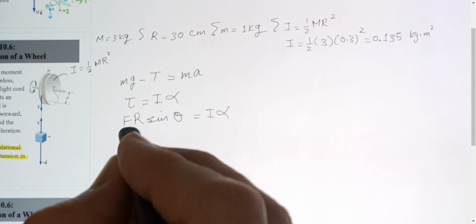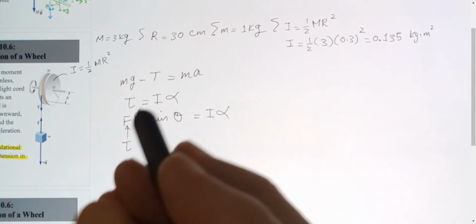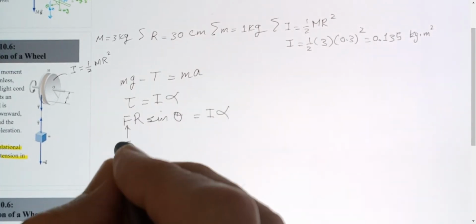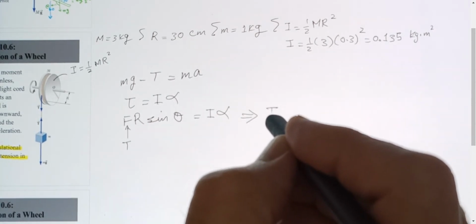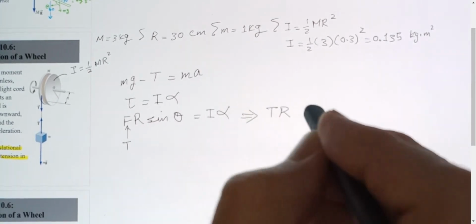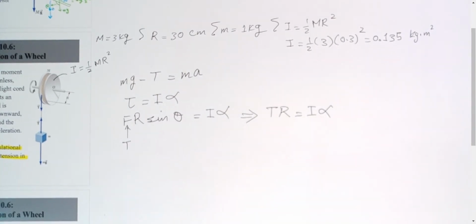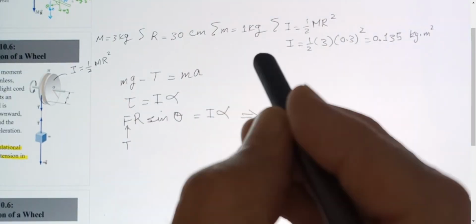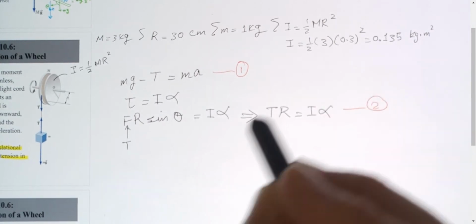لاحظوا, notice that F here is our tension, not torque, tension. معناته this equation, tension multiplied by R is equal I alpha. So our physical two equations, I have equation 1 and this is equation 2.